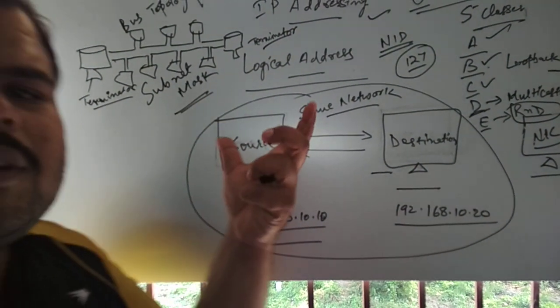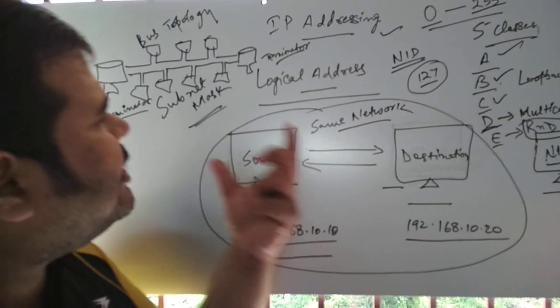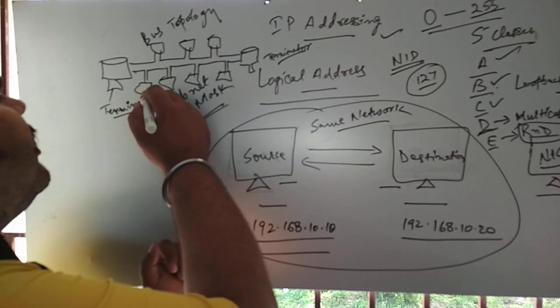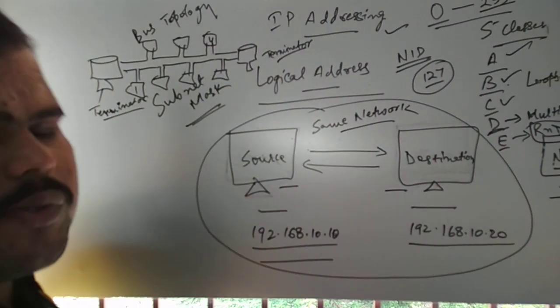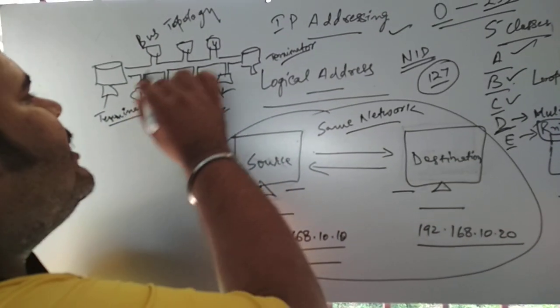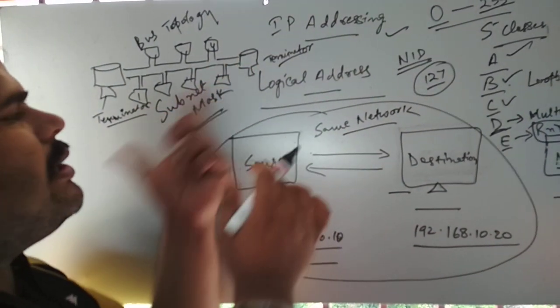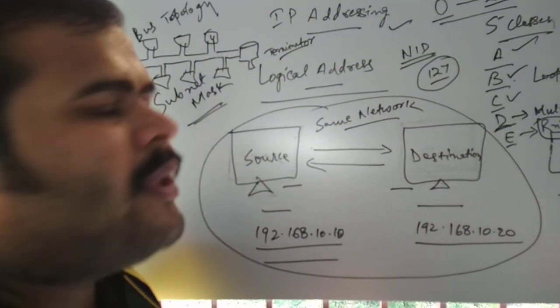With the help of the terminator, what the network does when PC1 wants to send data to PC4, for example? In this scenario, terminators play a major role.